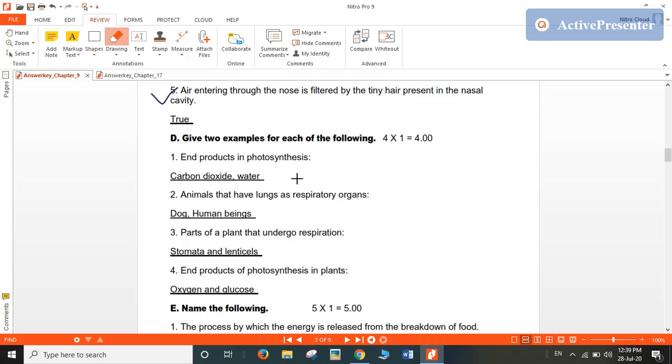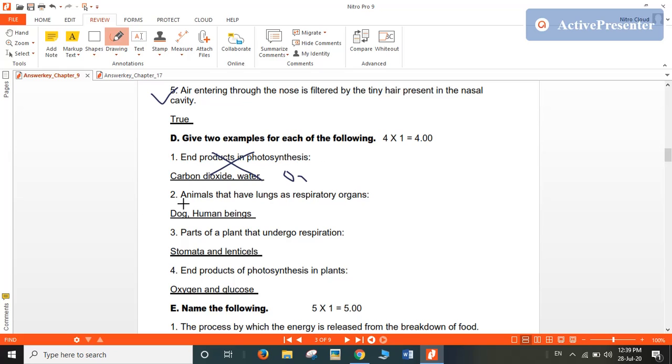Using all of this, they give us glucose and oxygen. So glucose and oxygen are the end products of photosynthesis. So this question is wrong over here. Don't do this. These answers are wrong. Instead of carbon dioxide and water, there should be oxygen, that is O2, and glucose.